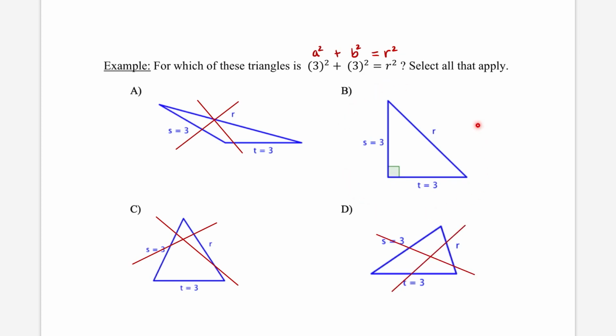So I end up with B. This is a right angle, which means the triangle is a right triangle. That means the Pythagorean theorem can be used for this triangle.